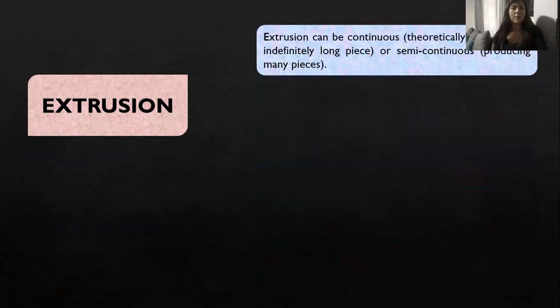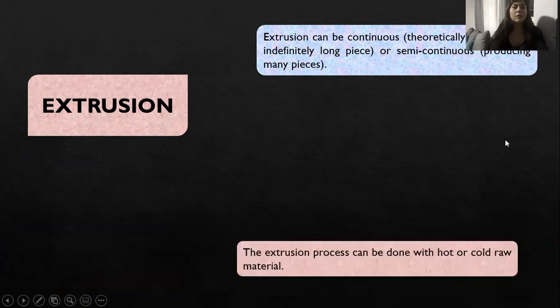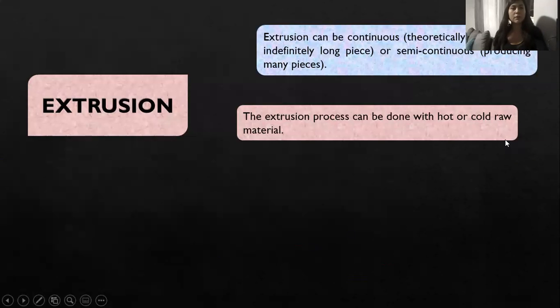Extrusion. Now let's go and talk about the extrusion process. For example, extrusion can be continuous, theoretically producing an indefinitely long piece, or semi-continuous, producing many pieces.